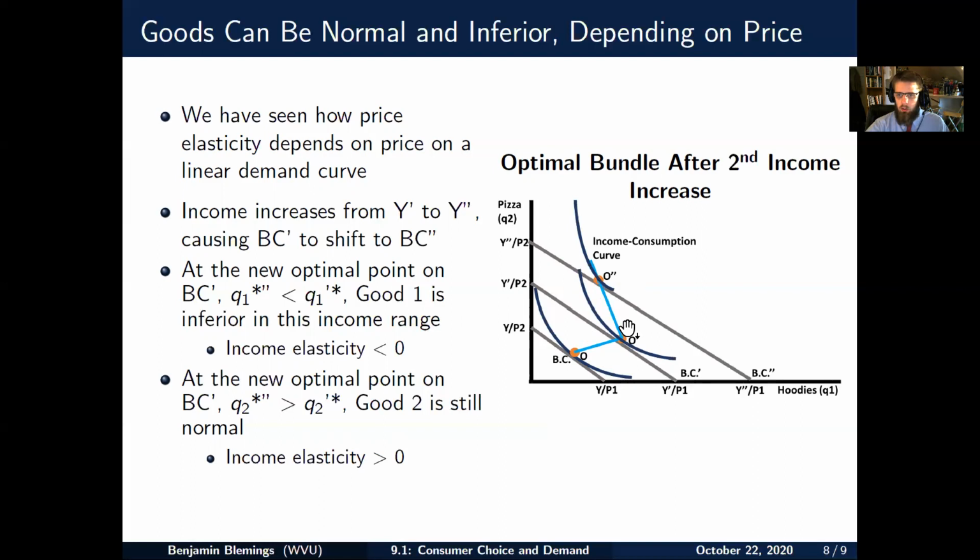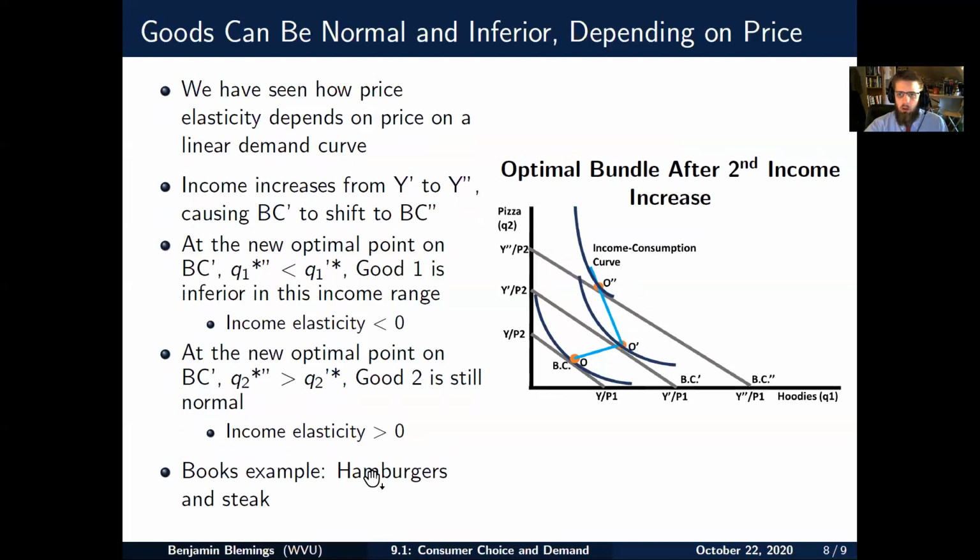So good 1 is actually the inferior good here, and good 2 is a normal good, because as our income increases, the optimal point is moving up vertically on our good 2 axis, and so we're buying more good 2. But for the first increase in income, we buy more of good 1. For the second increase, we buy less good 1. So from Y to Y prime, good 1 is normal, and from Y prime to Y double prime, good 1 is inferior.